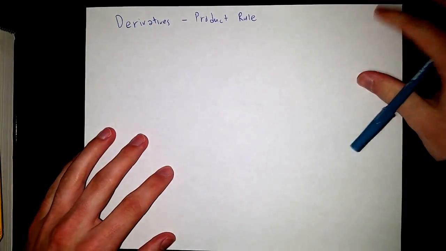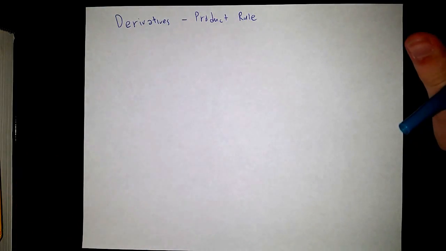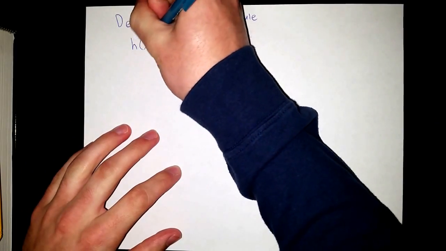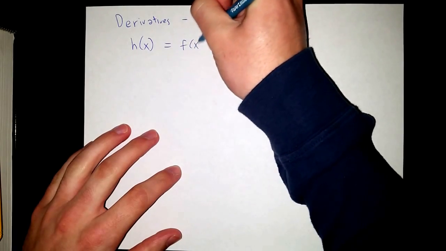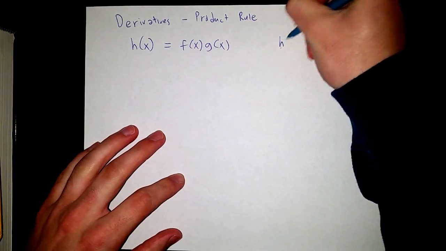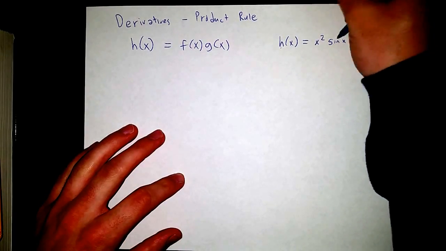The product rule helps you when you have a function that can be decomposed into two other functions. Let's say you have h of x and you can write it as f of x times g of x. An example of this would be h of x equals x squared sine of x.